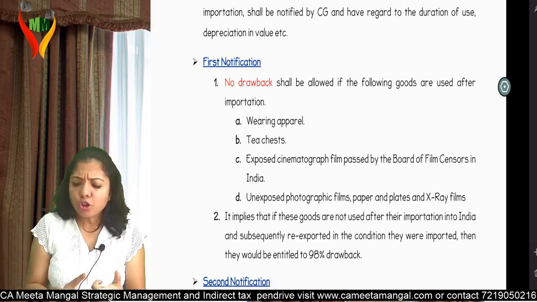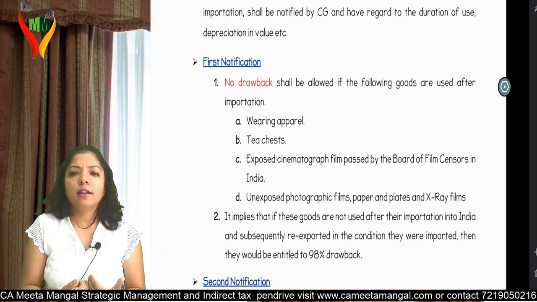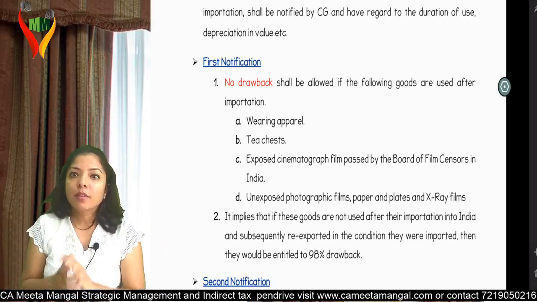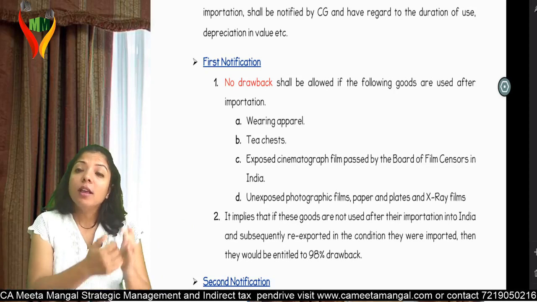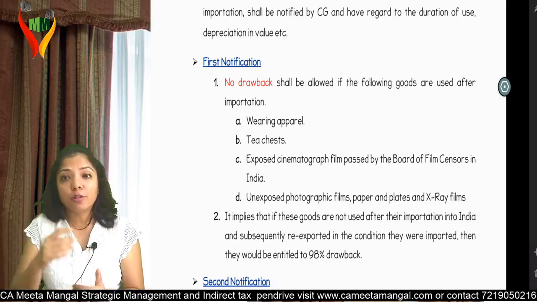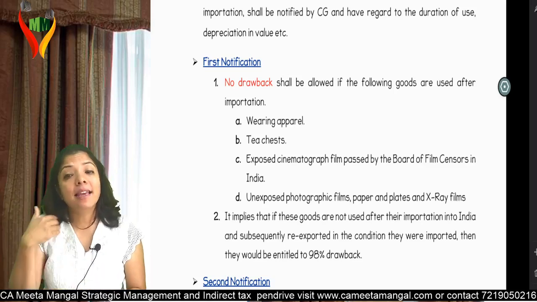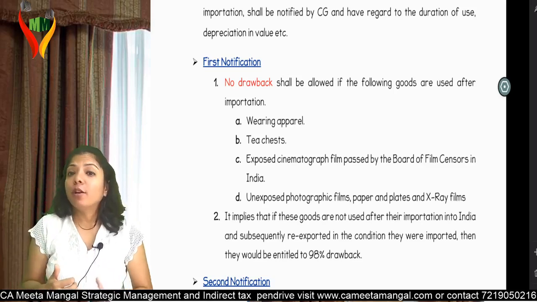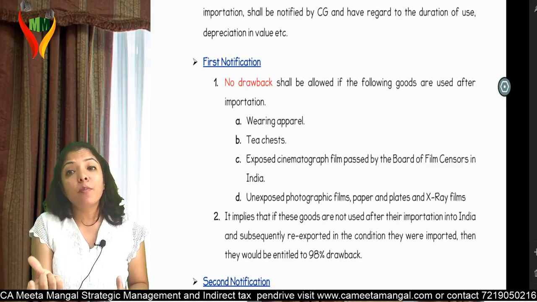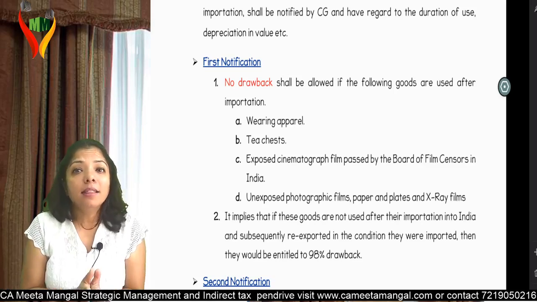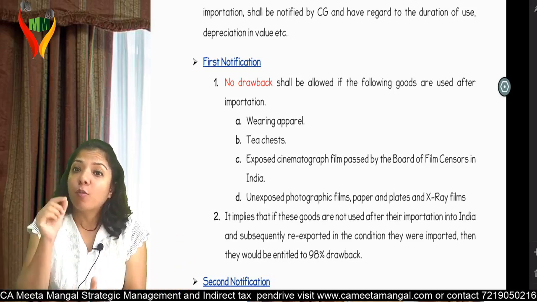One question talking about imported, exported without use. The same question talking about imported, used and then exported. The same question talking about imported, form changed and then exported. The same question talking about imported, used for a specific purpose and then exported. And they may give you 4-5 different questions for that one same case.